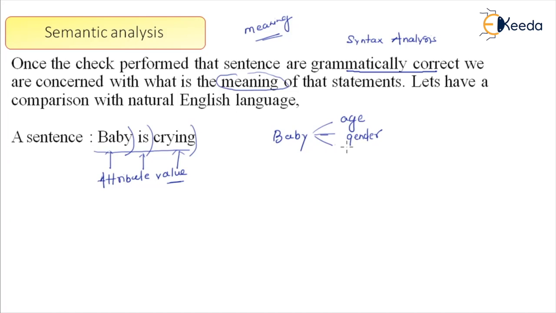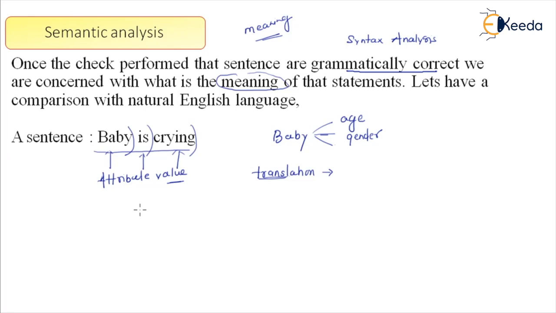This is a natural language example. Now we will figure it out by using these attributes and do the translation, that is, what is the meaning. There is a small baby and she is crying, and there can be many reasons why she is crying, but in semantic analysis we will try to develop a translation. We will translate this thing. So this is one example.